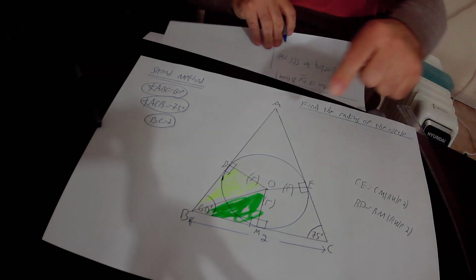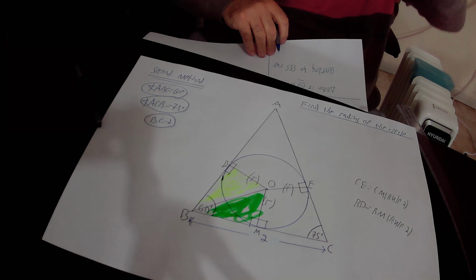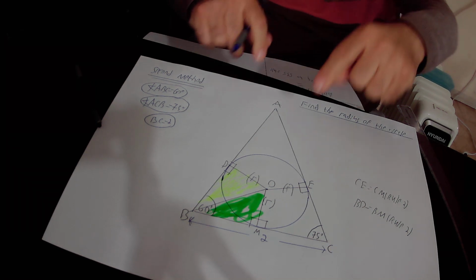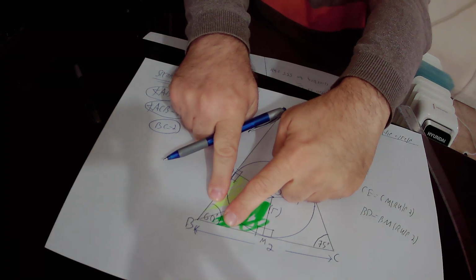And from the fact that those two right triangles can go into each other, we will derive that those two angles are equal to each other.